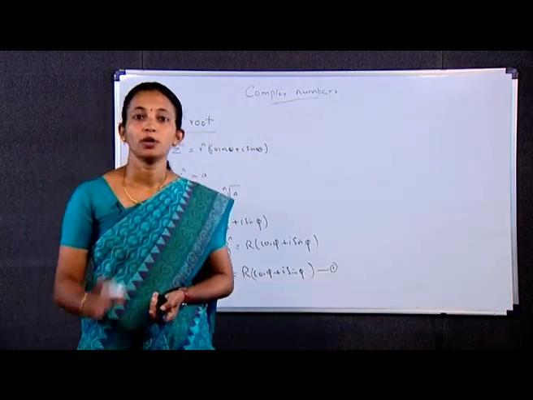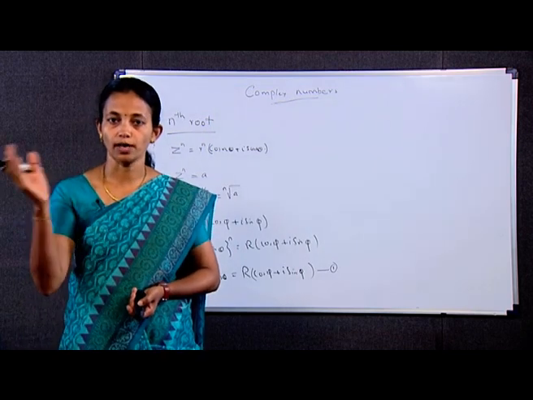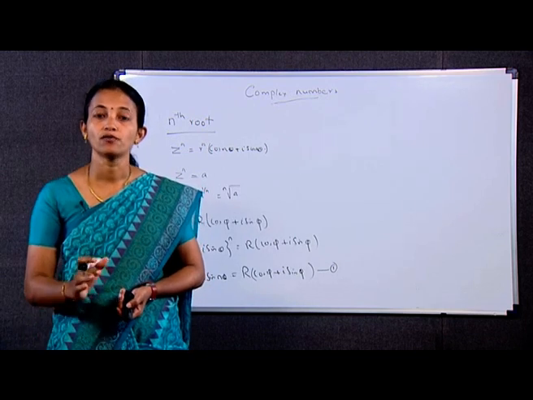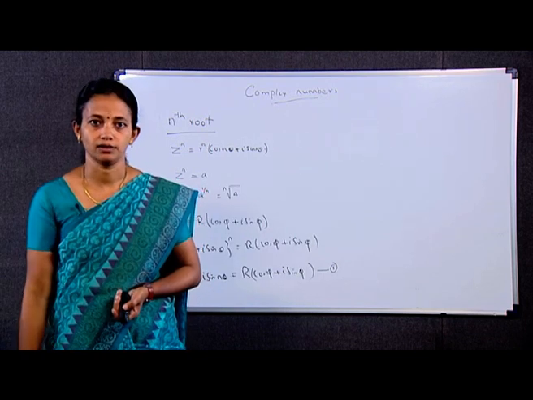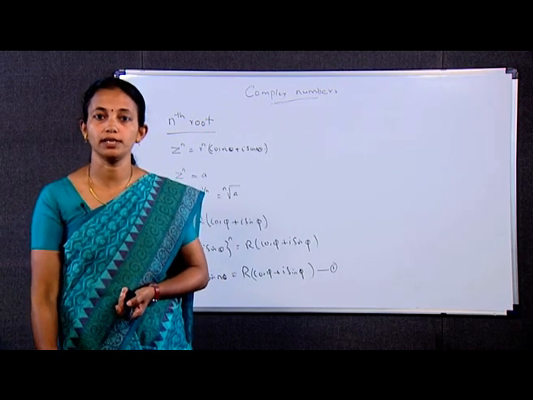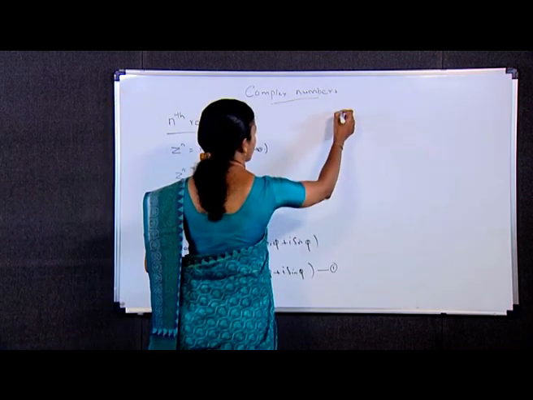Since the modulus of cos alpha plus i sin alpha is the square root of cos square alpha plus sin square alpha, which is equal to 1 for all real alpha, taking absolute values on both sides of 1 above yields the relation r raised to n is equal to capital R.